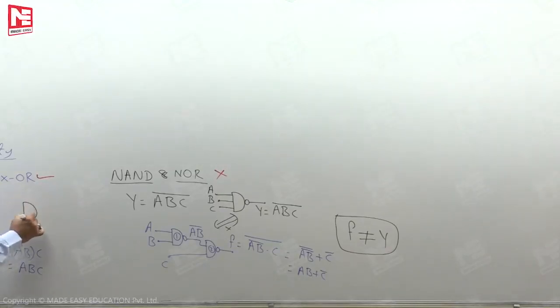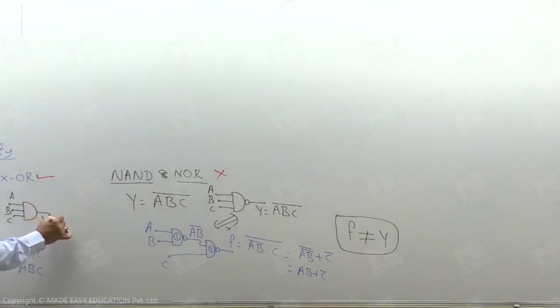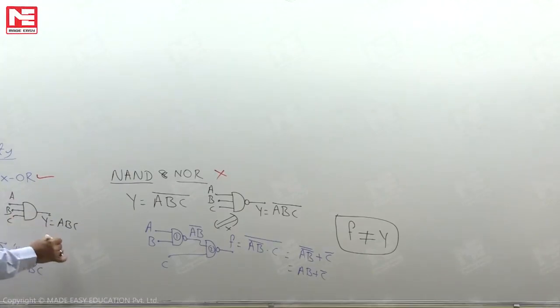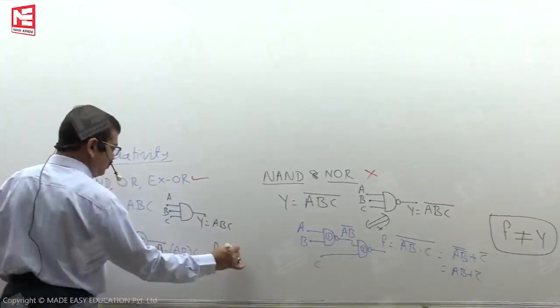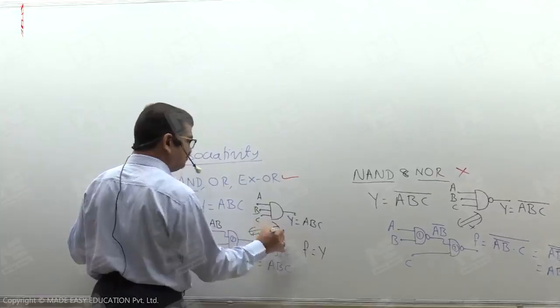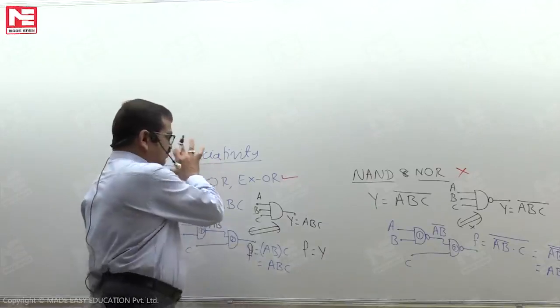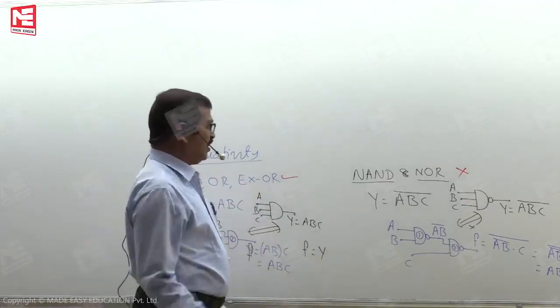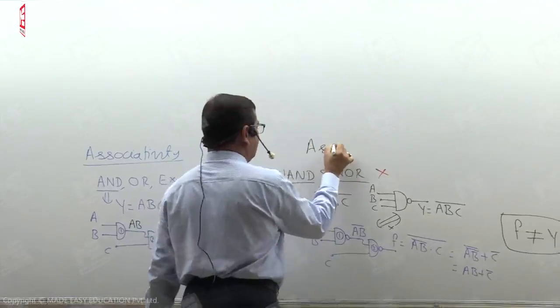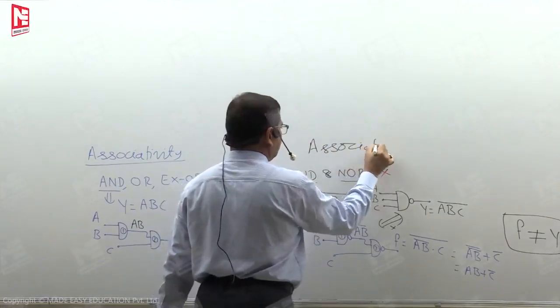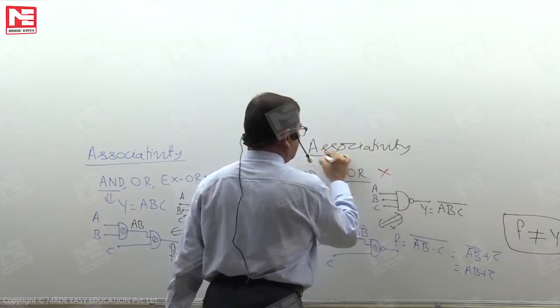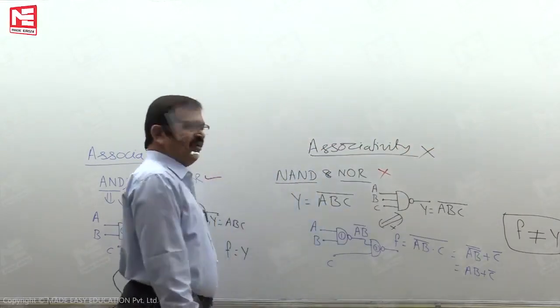For AND, with 3 input gate inputs A, B, C, we have ABC. If I name the cascaded output F, F comes to be equal to Y. So it is one and the same. But here it is not the case with NAND or NOR. So associativity is valid on AND, OR and XOR. Associativity is not valid on NAND and NOR.